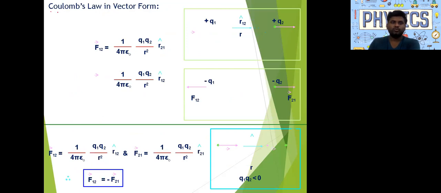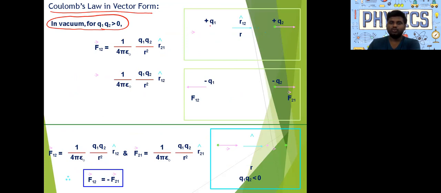Next, Coulomb's law in vector form we'll discuss. In vacuum, for Q1 Q2 greater than 0, we are taking in vacuum. If Q1 Q2 is greater than 0, what does it mean? Definitely the two charges will be the same, either positive or negative. We will take two cases, positive and negative, and discuss.